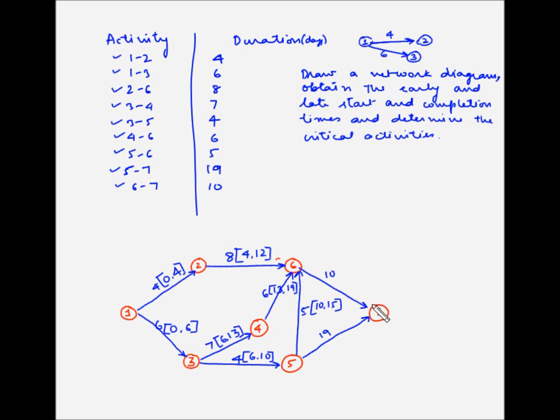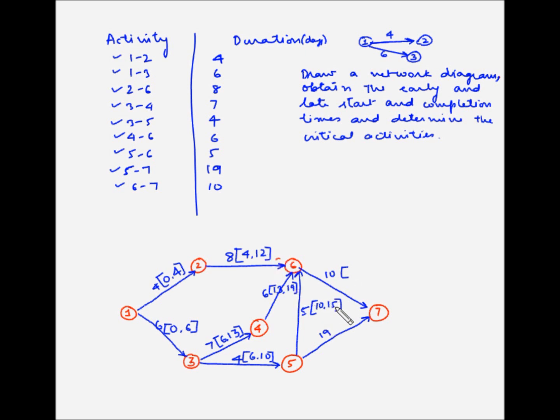Now for activity 6-7, there are 3 preceding activities, which is 2-6, 4-6 and 5-6. So activity 6-7 can start only after all these 3 activities have finished. So we have to take the latest of the earliest finish times between the 3 activities.